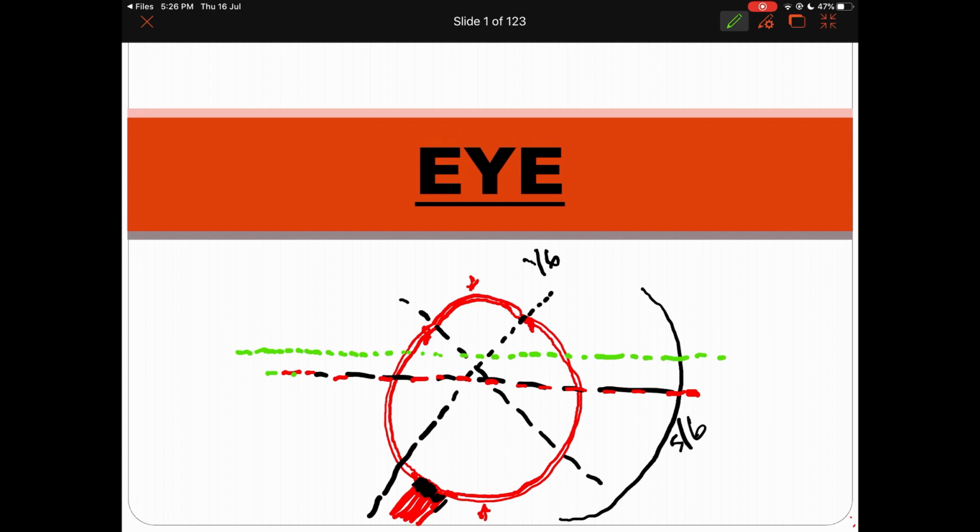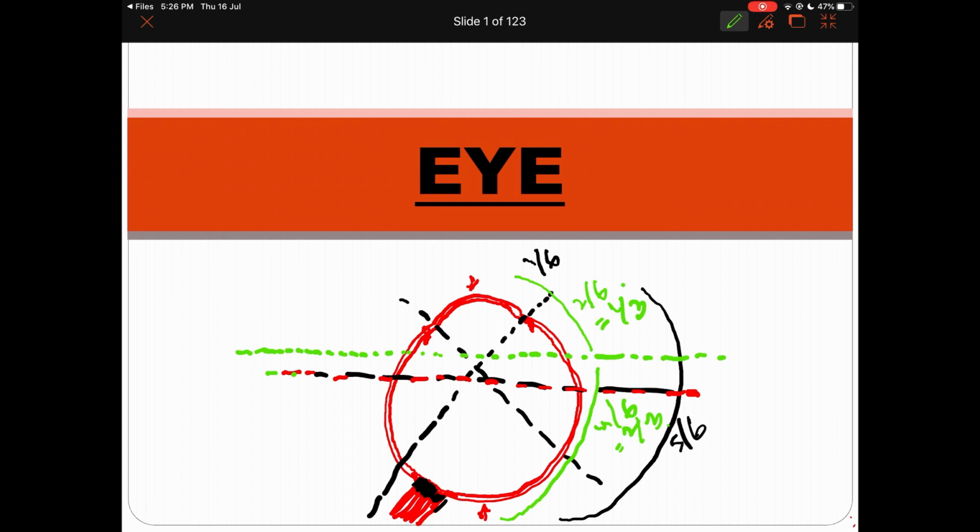This line will in fact divide the eyeball into anterior, up to here, anterior 2/6, and the remaining from here onward will be posterior 4/6, or you can say anterior 1/3 and posterior 2/3.